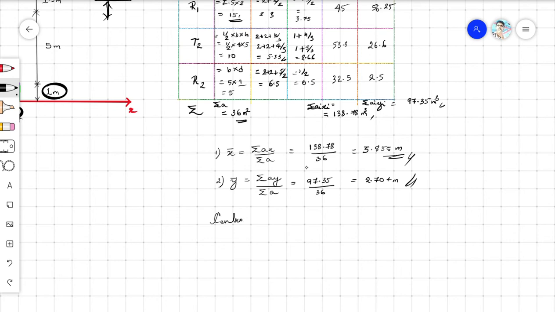You have to write one more term that is always important: centroid of the following built-up section lies in 3.85 comma 2.70 meter.